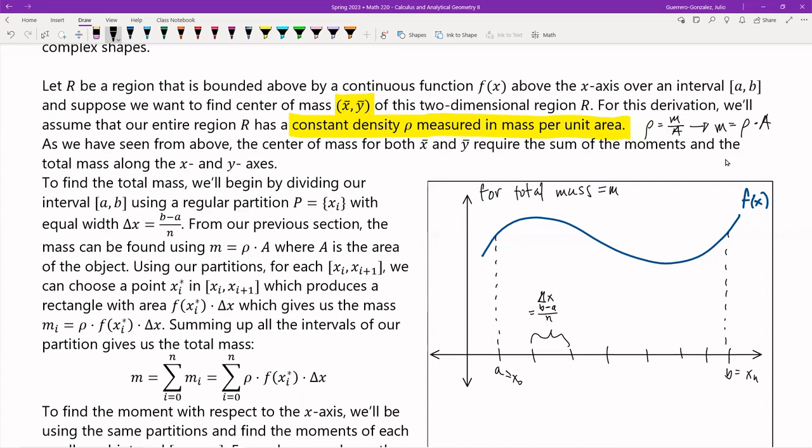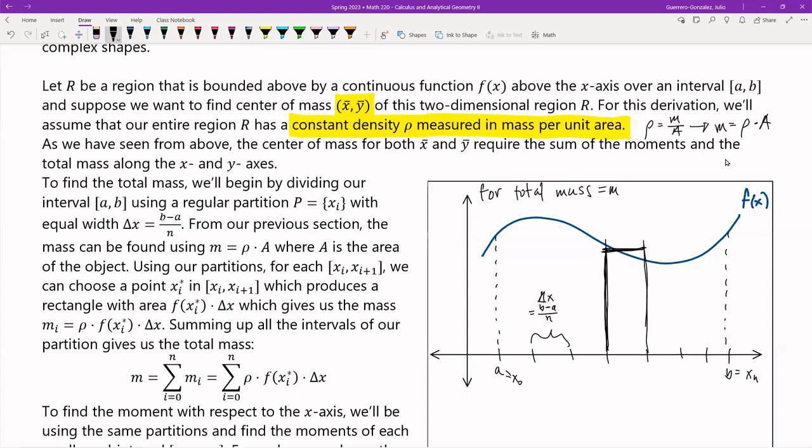So in order to find the total mass of our shape, what we're going to do is we're going to use our rectangles again and find the area for one rectangle. Or sorry, the mass for one rectangle. So I'm going to go ahead and draw this like that, and then we're going to just go ahead and say it's going to be about this tall. Okay, so you guys see this rectangle right here?